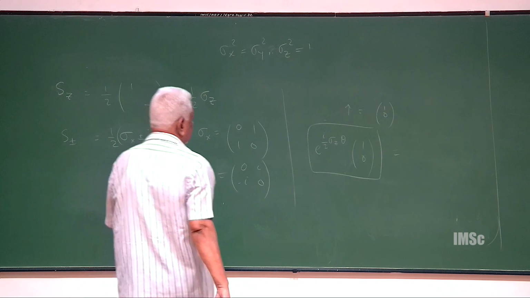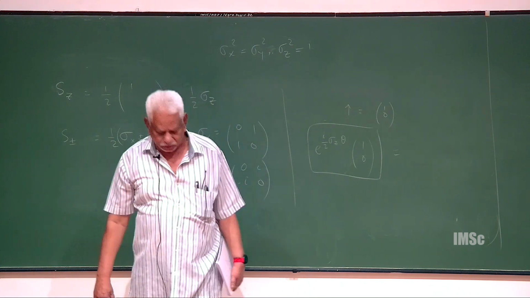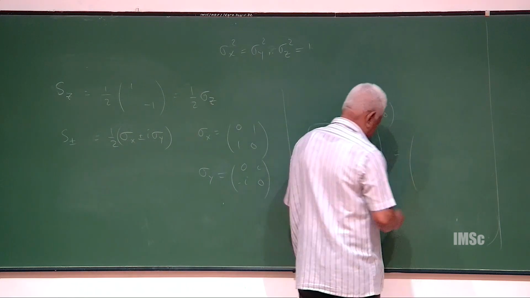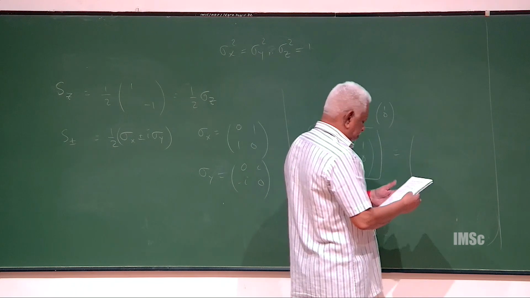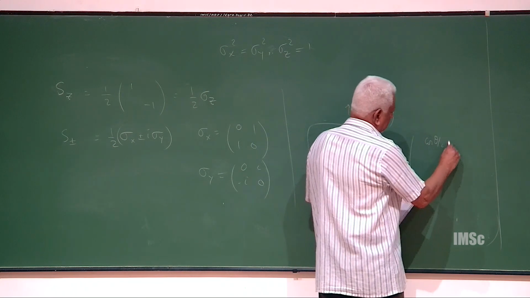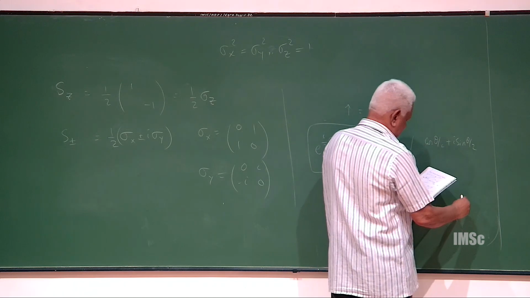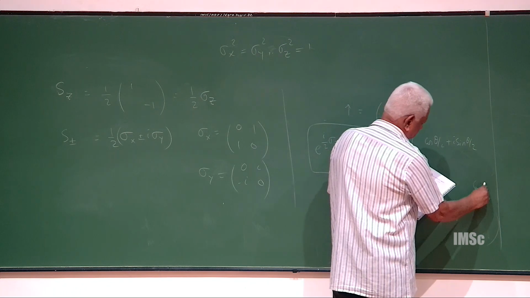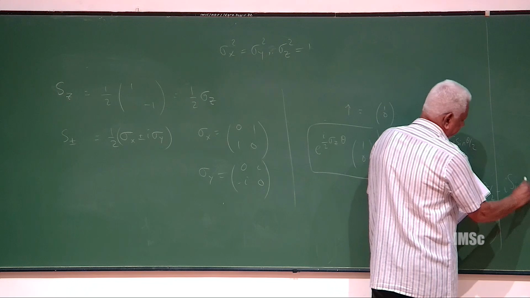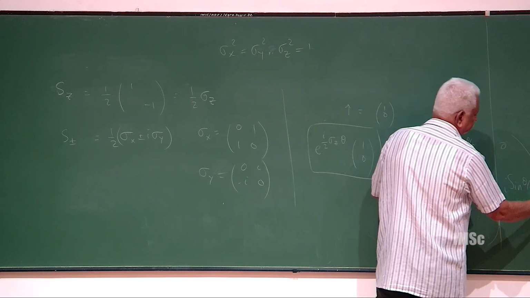So that is the way you should work it out. I have taken only a simple example here. You can do an arbitrary angle also. This will turn out to be equal to the matrix cos theta by 2 plus i sin theta by 2, cos theta by 2 minus i sin theta by 2, 0 0, multiplying 1 0.